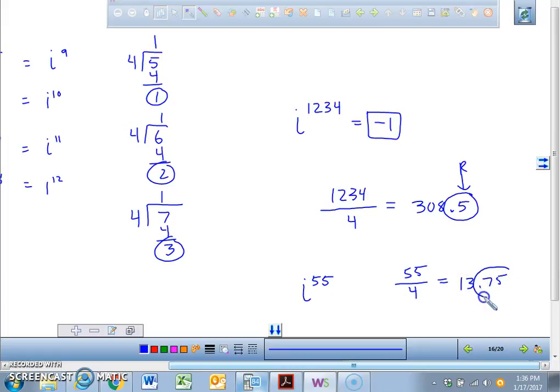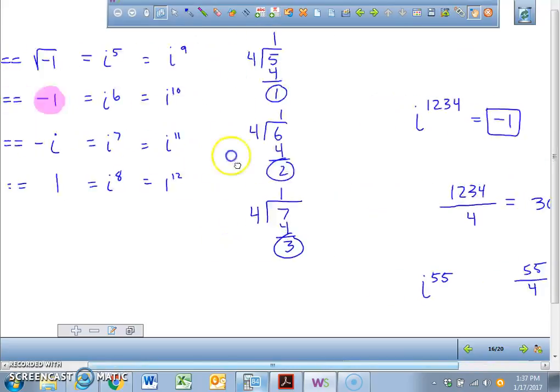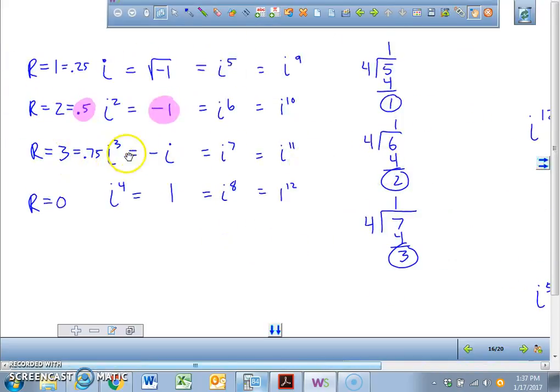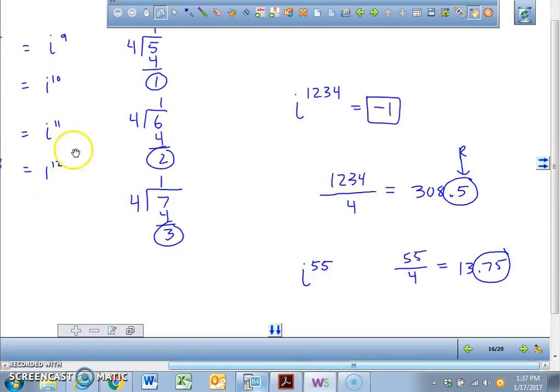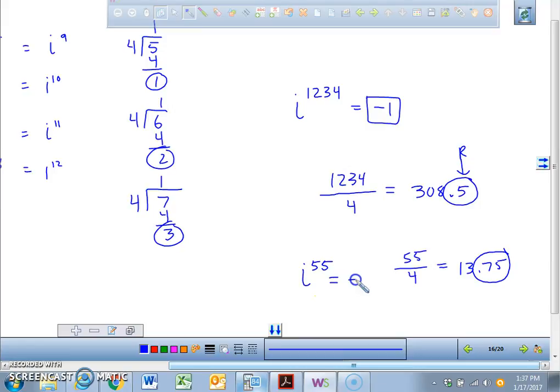What about the 0.75? 0.75 puts me where? I to the third. What is I to the third equal to? Negative I. Therefore, everybody, I to the 55th power is negative I. That's a strategy you can do every single time. Why do we divide it by 4? Because it repeats after every fourth term.